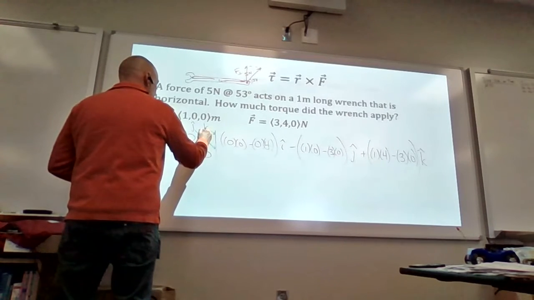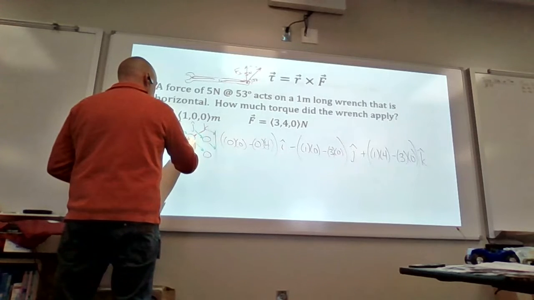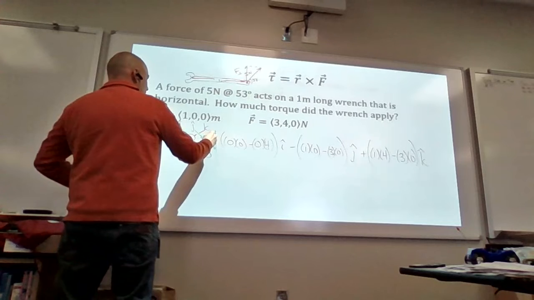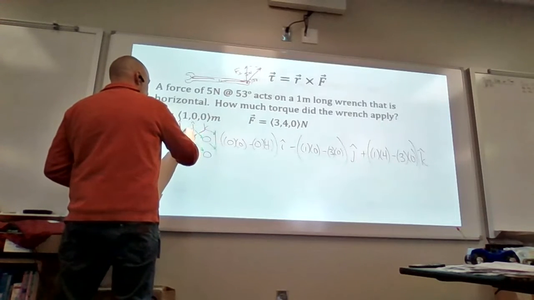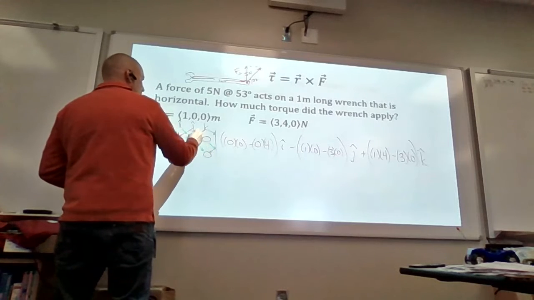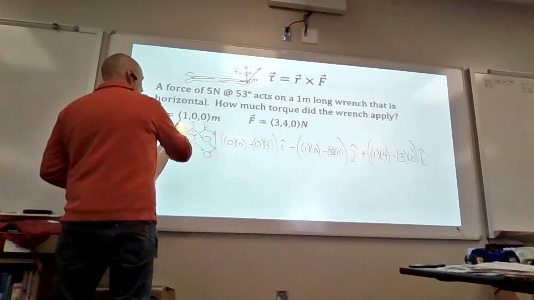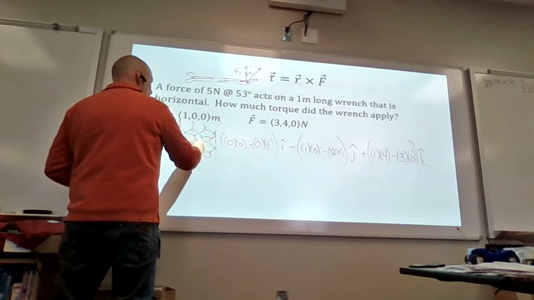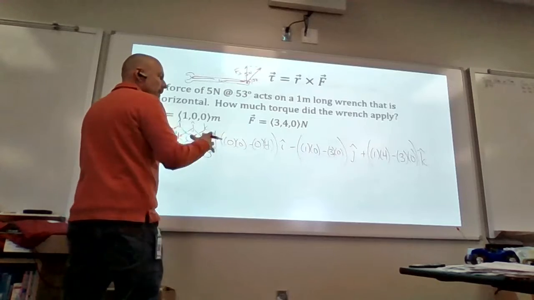You go k times 0 times 3, and j times 1 times 0, or plus I times. I think you should be subtracting I. No, this is all one quantity.